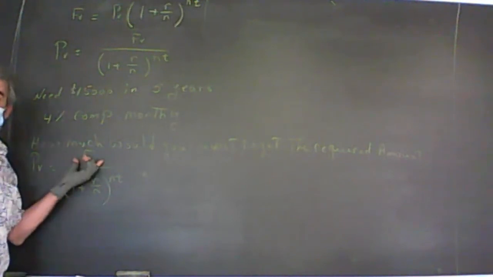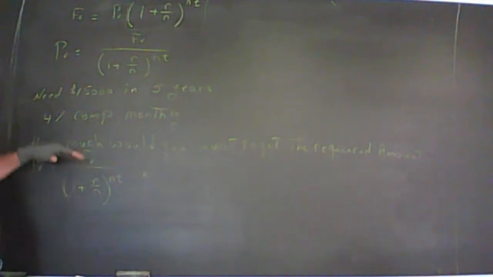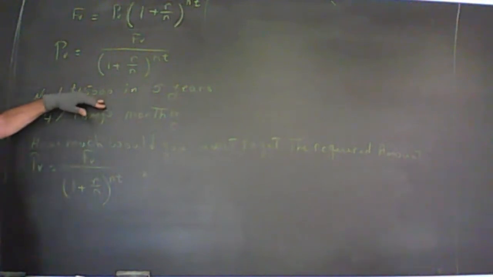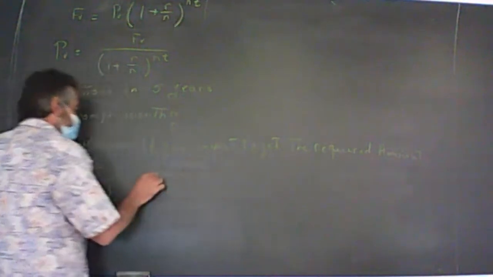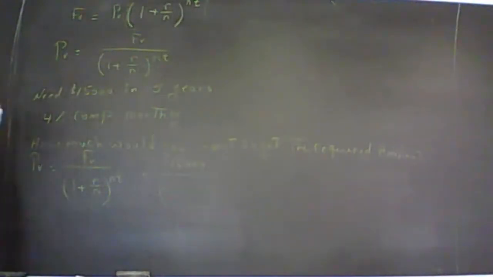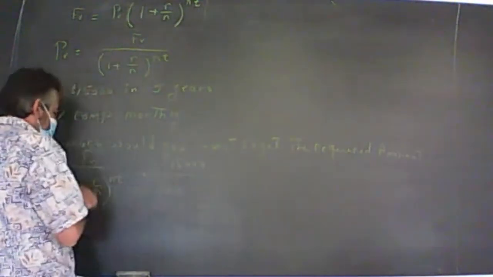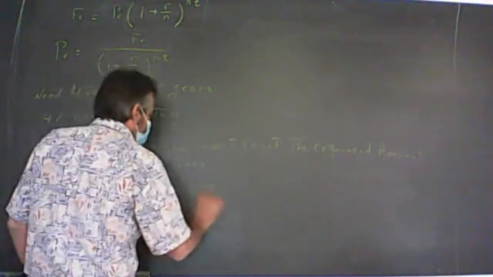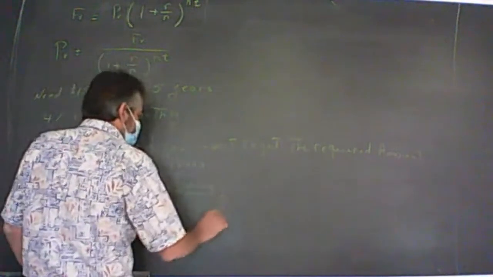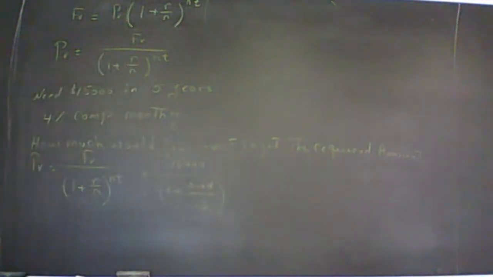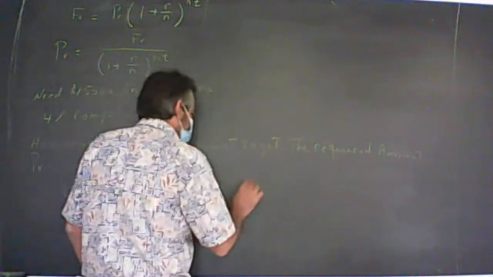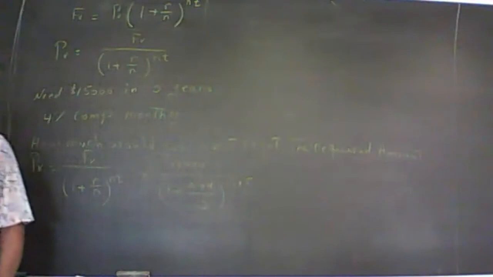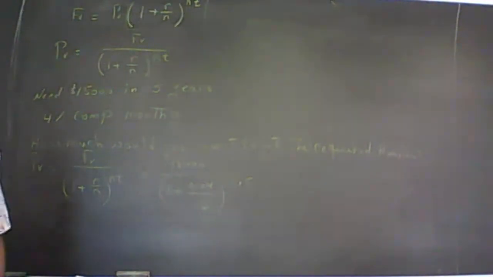So again, the future value is the money I want to get in 5 years, which in this case is 15,000. So this is your 15,000, divided by 1 plus R, which is 0.04 divided by 12 because it's compounded monthly, to the power 12 times 5, because 12 is the compounding period and 5 is the number of years.